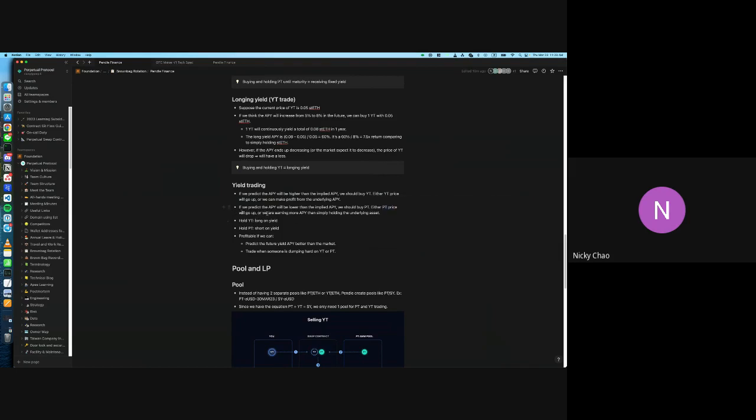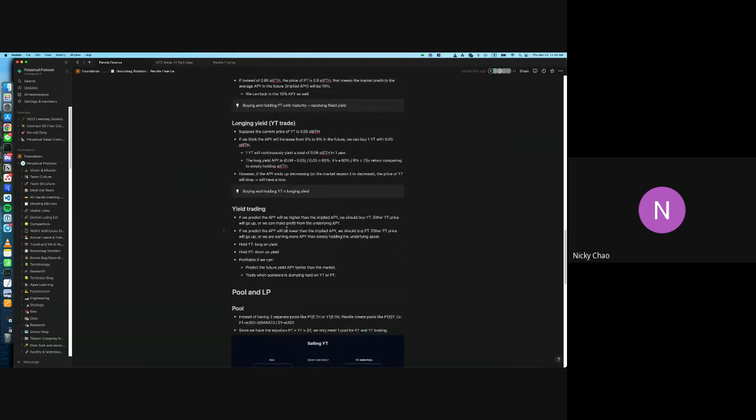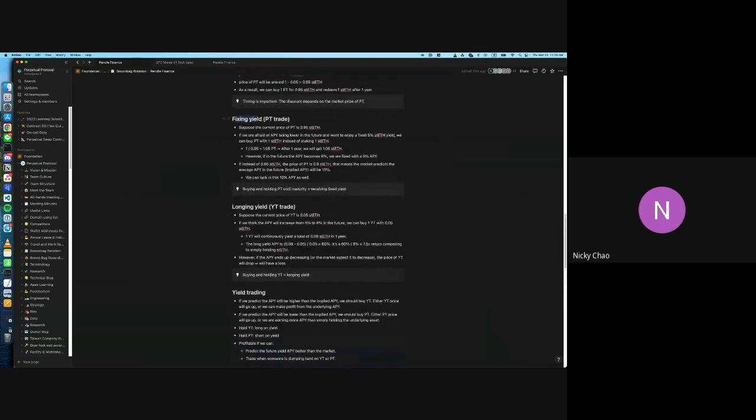Or if you hold the PT to maturity, it will earn more APY because you already locked your APY. Even if the APY in the future becomes lower, your APY is already locked. So it's better to buy PT instead of holding the underlying assets. And this is the strategy of the fixed yield here.